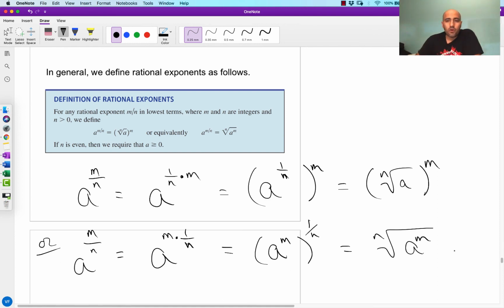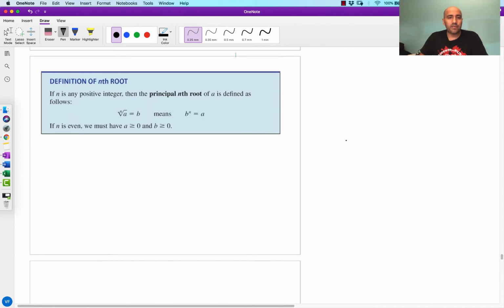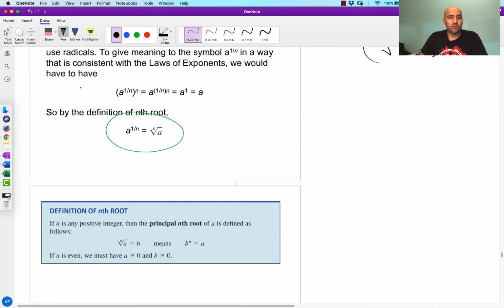Good. Okay, so we have two options. When we have a fractional power like this, we can either use this description of it, or we can use this description. And all of it at heart is really accepting that this is true.